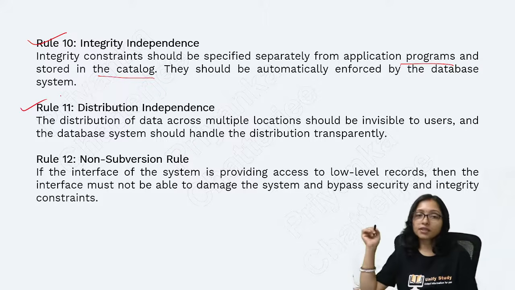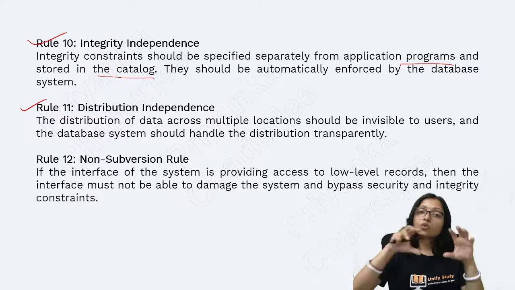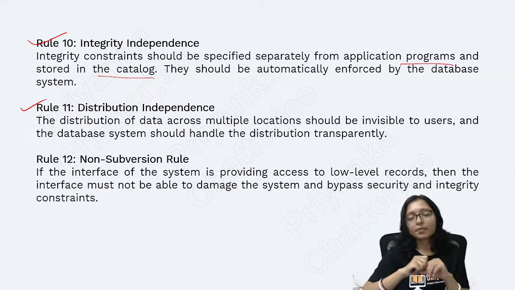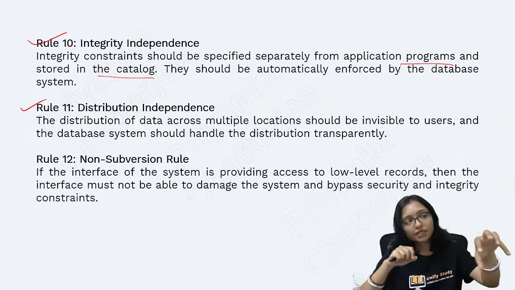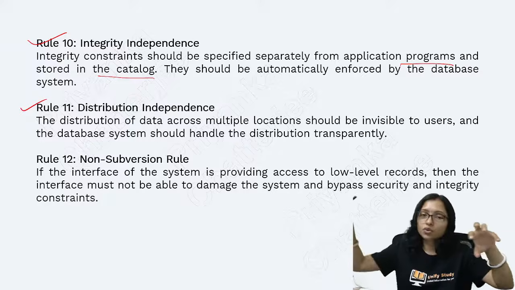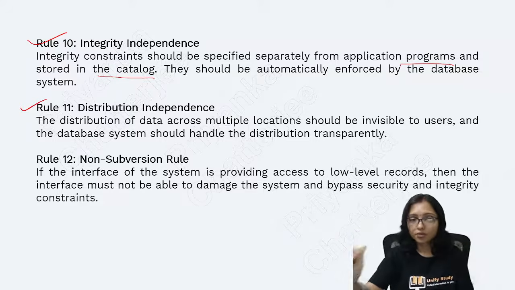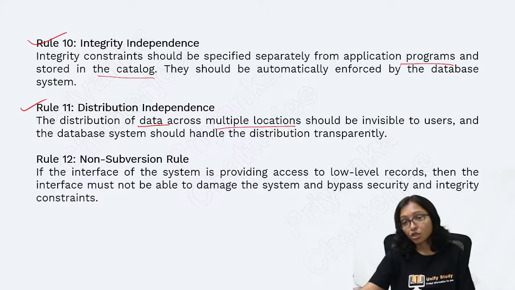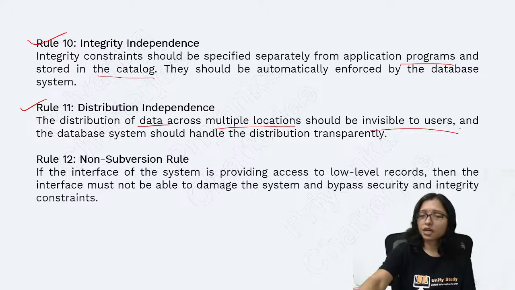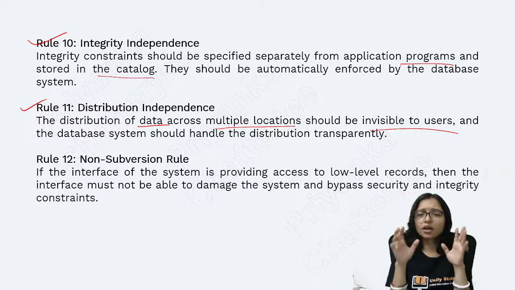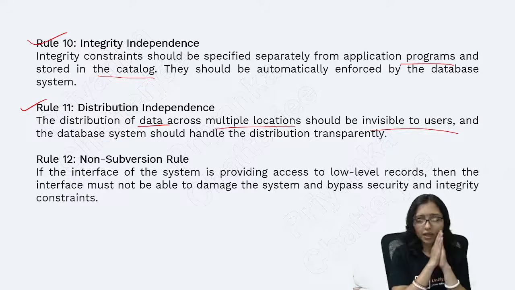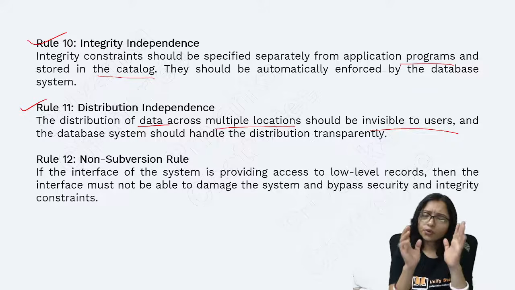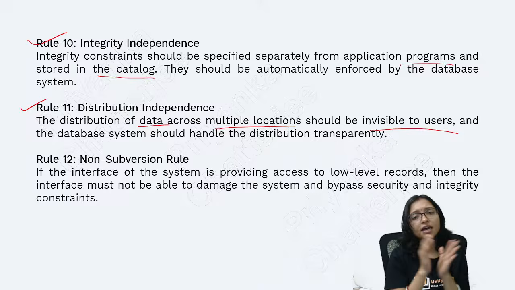Distribution independence. When you are storing data in a distributed pattern, a database here and another here also, whenever you store it, the distribution of data across multiple locations should be invisible to the user. Nowadays, whatever app you use, like YouTube, do you think YouTube is using only one server?